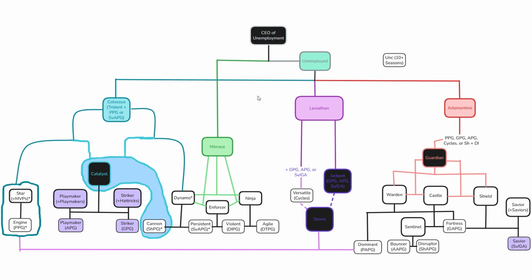And then lastly, going down here, the Menace route, that's just players who are extremely, I don't want to say annoying. I bet it does get annoying because it revolves around demos and disrupting the other team. So there are a few different traits you can get down here based on a combination of stats.